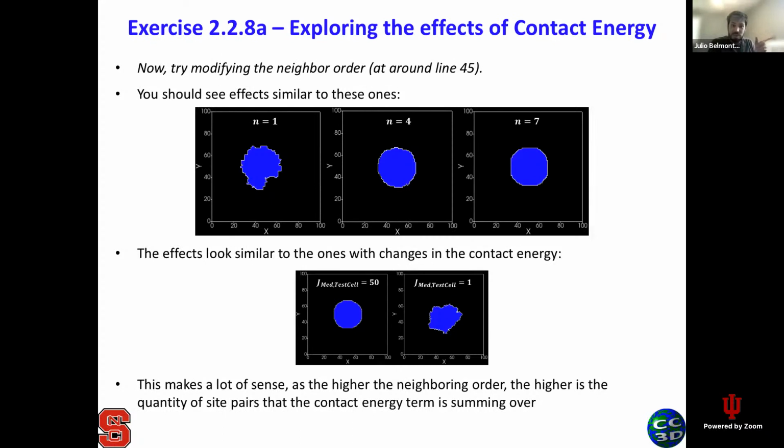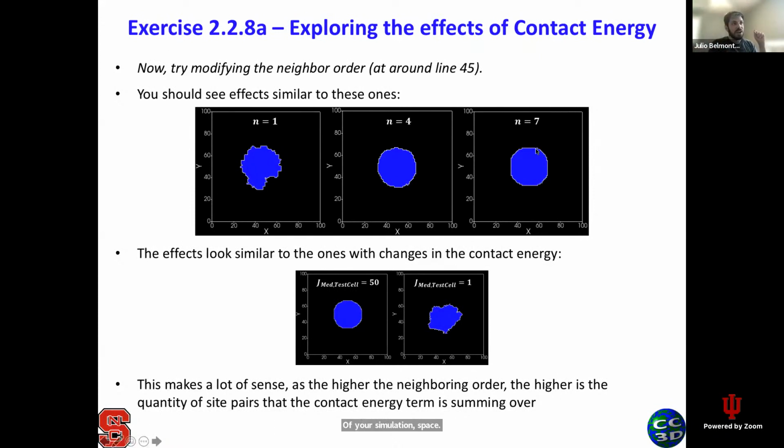There are a few lattice sites to sum over, right? And when you make a decision about how smooth your cell surface will be, that decision is made only locally. So the cell becomes these very sharp edges here that you had before. When you make a neighboring order much higher, you're taking into account a wider range of your simulation space when you make the site flips.